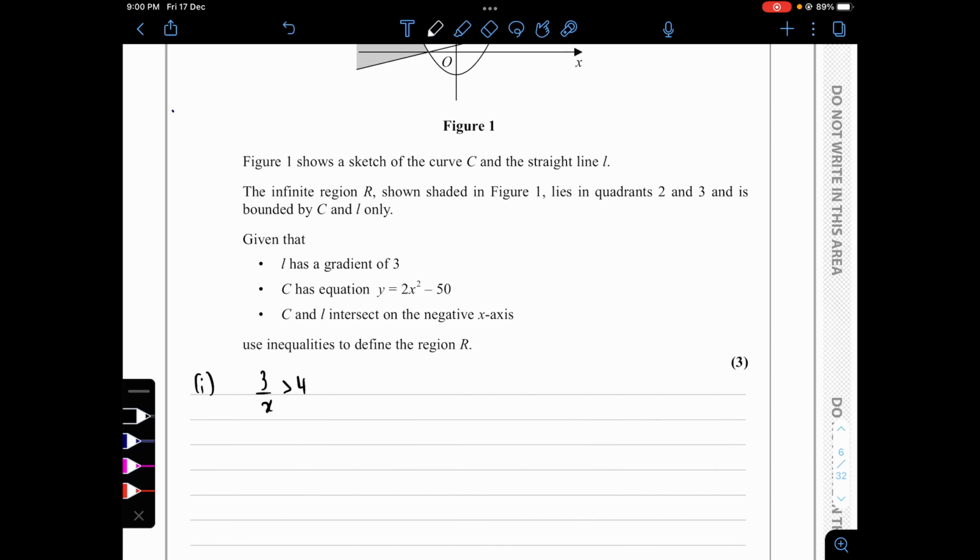So now we need to remember some key principles here, and we need to remember that for this type of question we need to multiply by x squared. So our solution does not change the inequality sign.